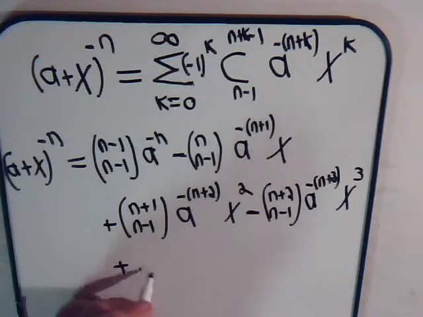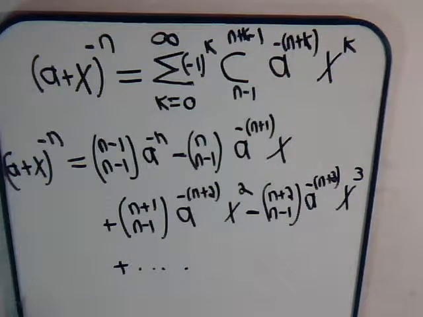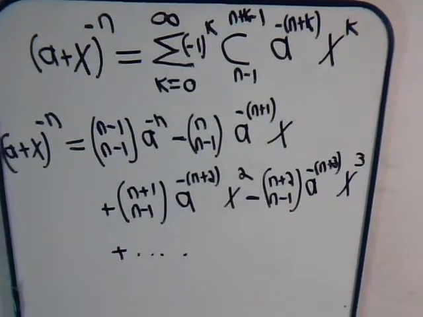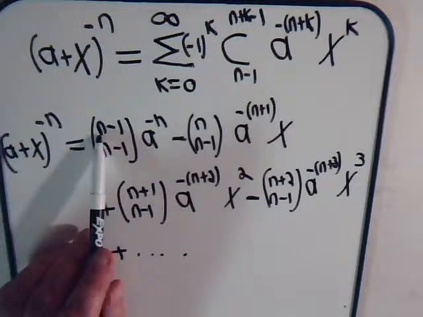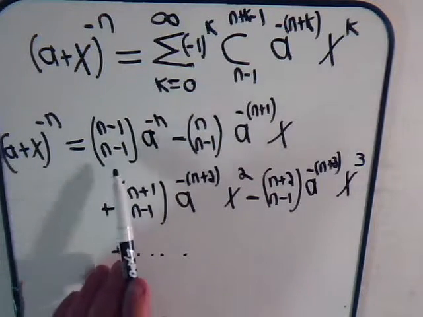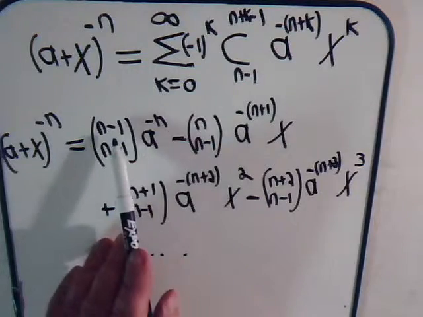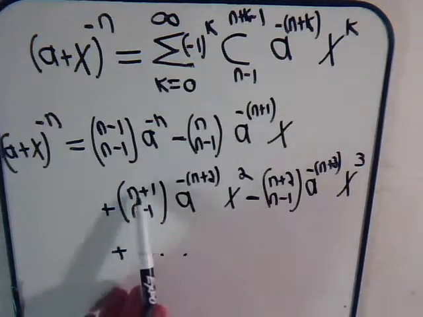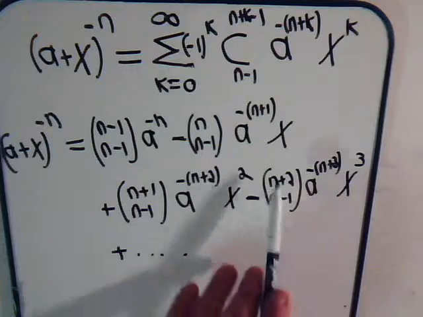Only remember now, we have an infinite number of terms. But you can see there's a pattern that comes out of here. Our first binomial coefficient, n minus 1 over n minus 1, this part never changes, and this part here continually increases by 1.